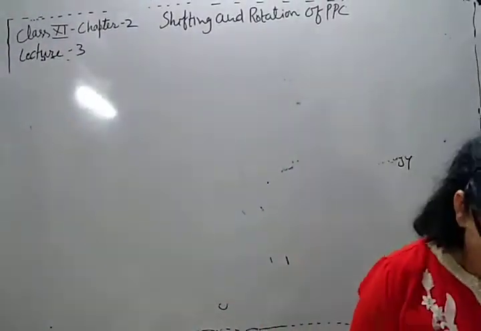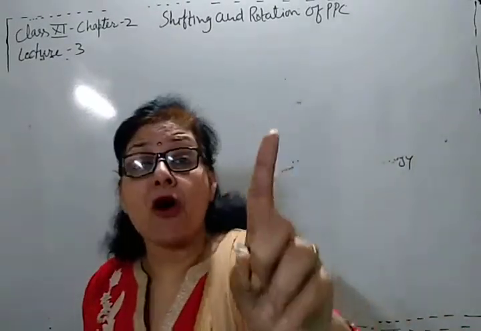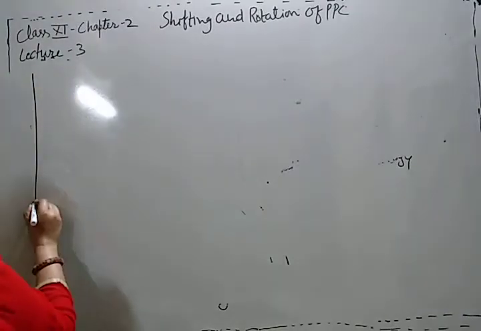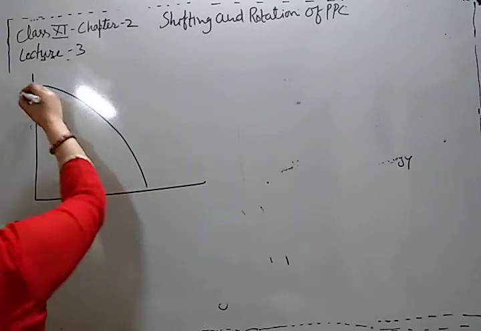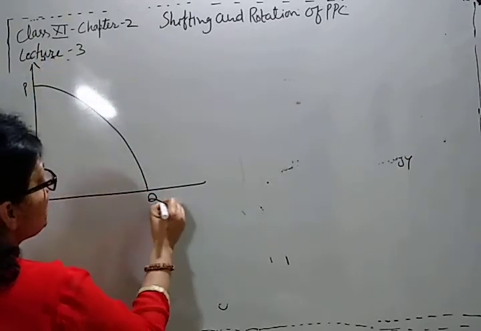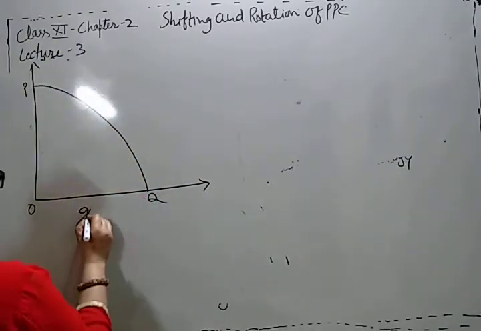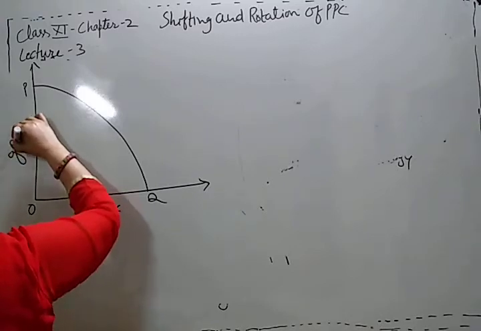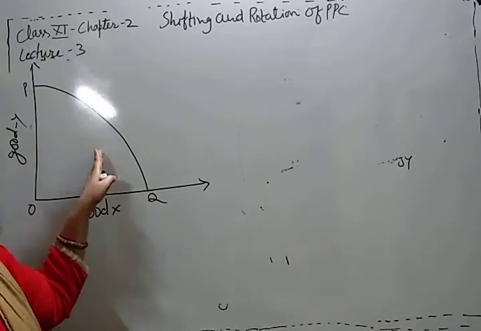When we have efficient technology for the production of only one good. Suppose we have PPC PQ. Yes, this is the initial PPC.